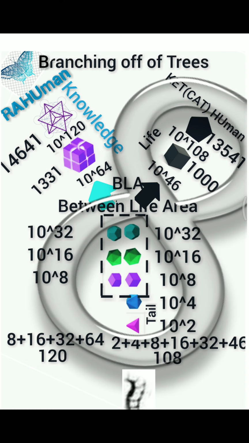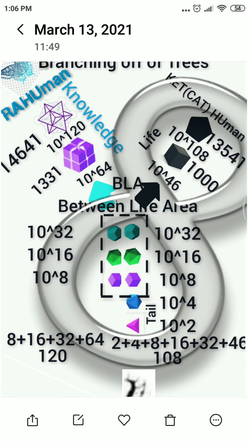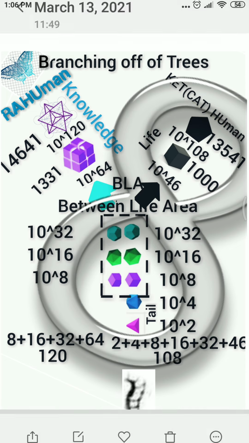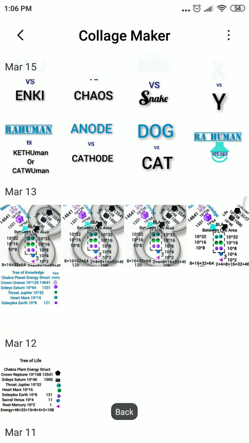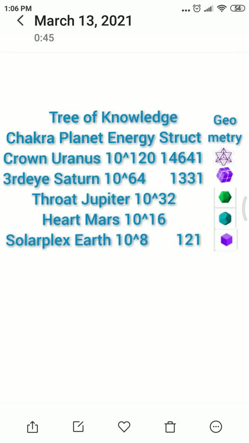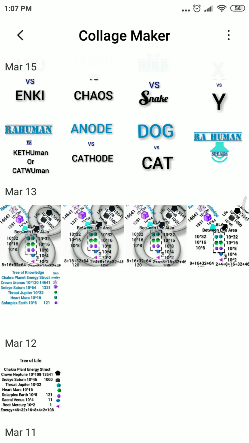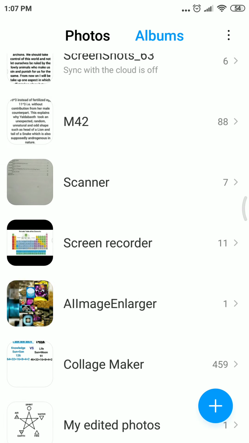Starting here, you go this way. This side of the tree of knowledge it represents. Yes, this is 120, but including the tail it will be 126.